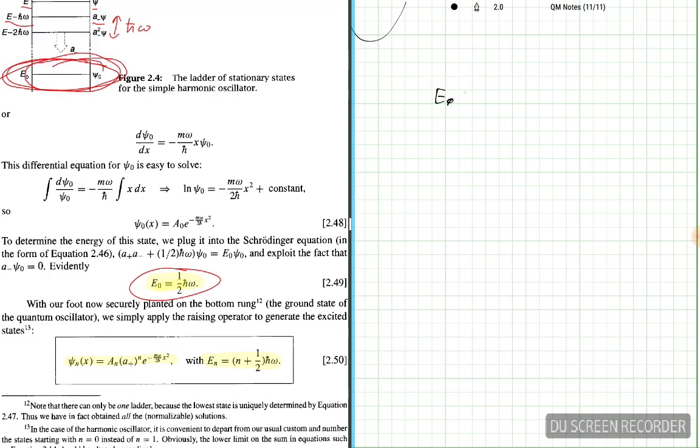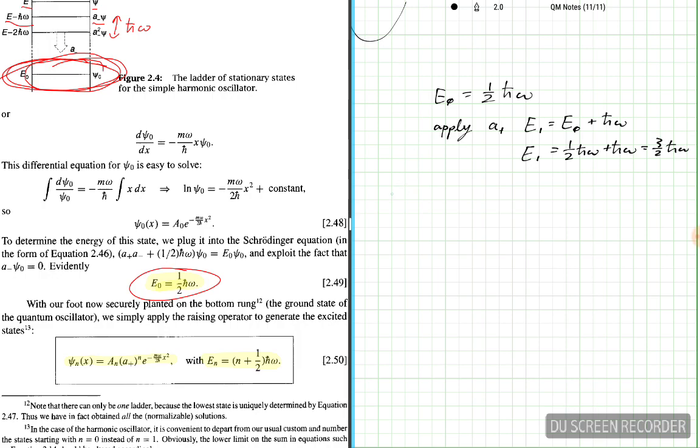So if E naught equals 1/2 h bar omega, then applying A plus makes E1 equal E naught plus h bar omega, or it makes E1 1/2 h bar omega plus h bar omega, and it makes it 3/2 h bar omega, and so forth.